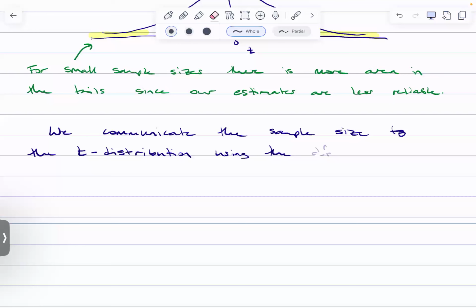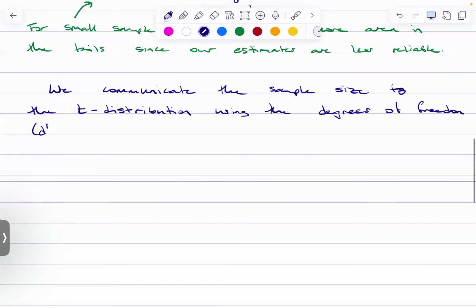Degrees of freedom, which we abbreviate to df. Now for one sample mean, I only have one sample size, and so my degrees of freedom is n minus 1. You don't need to worry about why it's n minus 1.